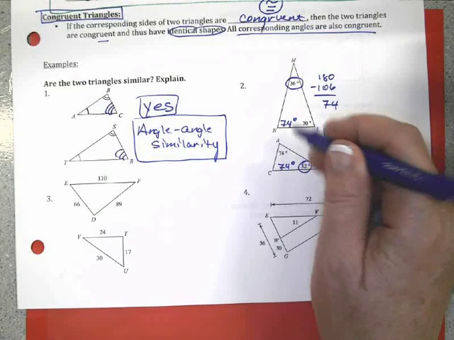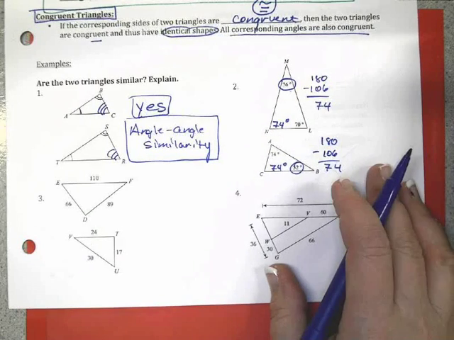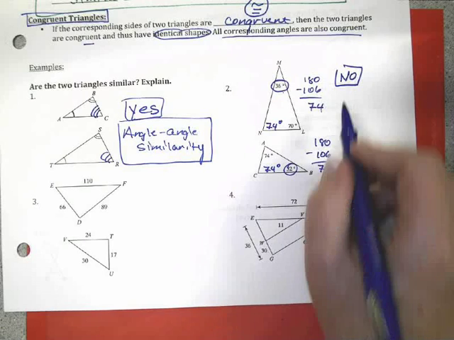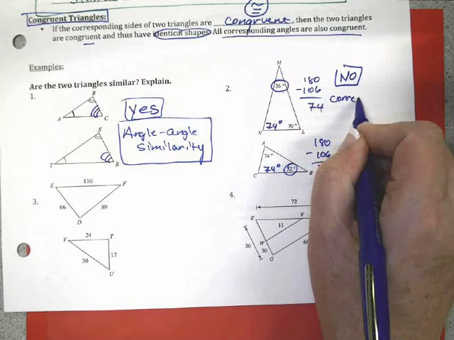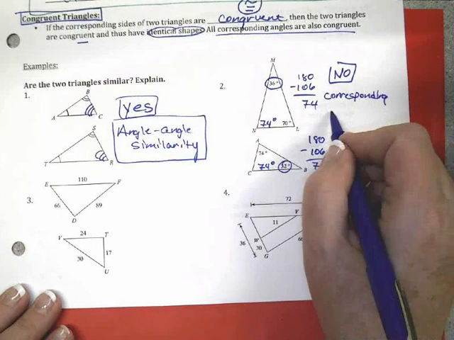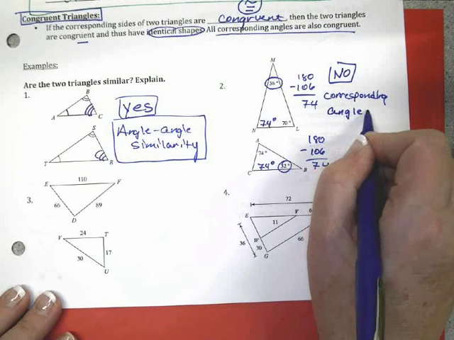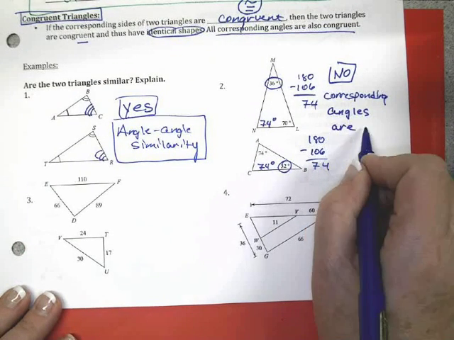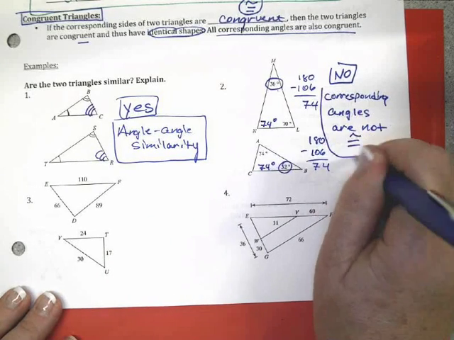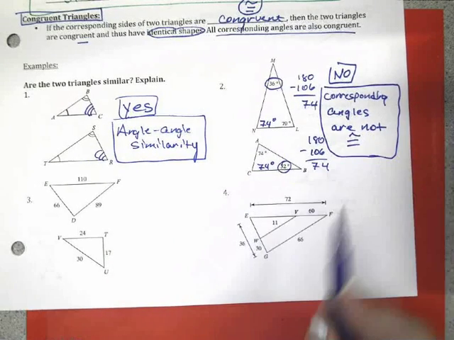If even one pair is not the same, then we can go ahead and state no, and we do need to give a reason. The corresponding angles are not congruent. And remember, congruent means they're the same measure. So corresponding angles are not congruent.